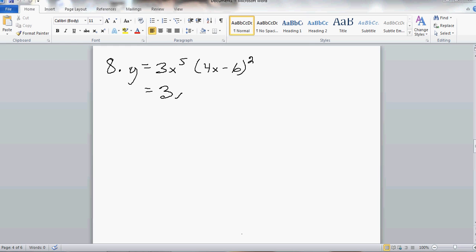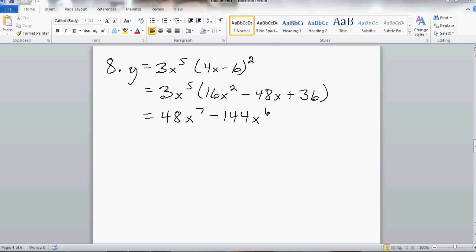So it's going to be 3x to the 5th times, now foiling this out, 16x squared minus 48x plus 36. And then I'm going to distribute this 3x to the 5th, and so I'll get 48x to the 7th minus 144x to the 6th plus 108x to the 5th.